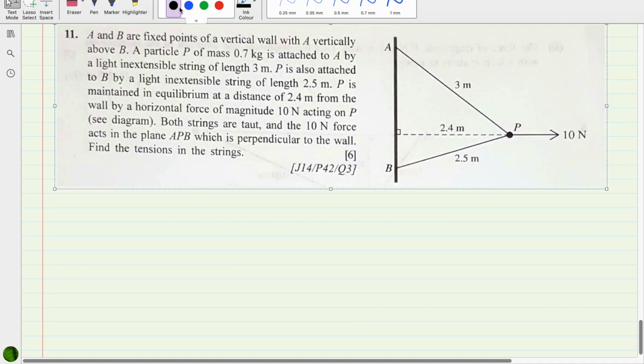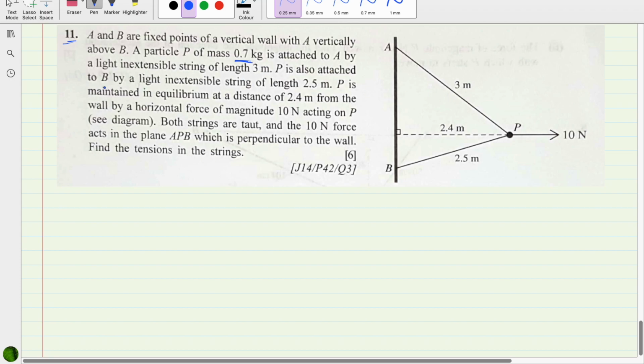Any questions? Question says A and B are fixed points on the vertical wall with A vertically above B, as we can see in the diagram. A particle P of mass 0.7 kg is attached to A by a light inextensible string of length 3 meters.